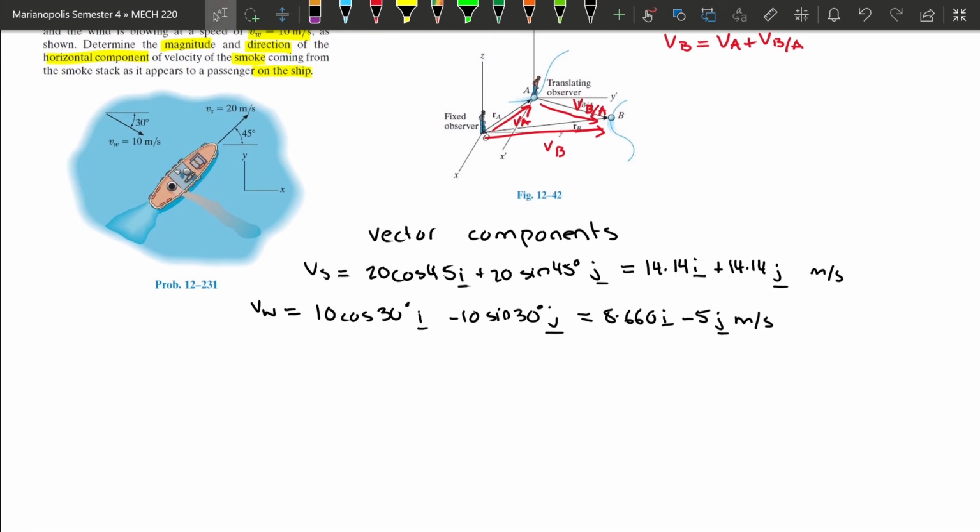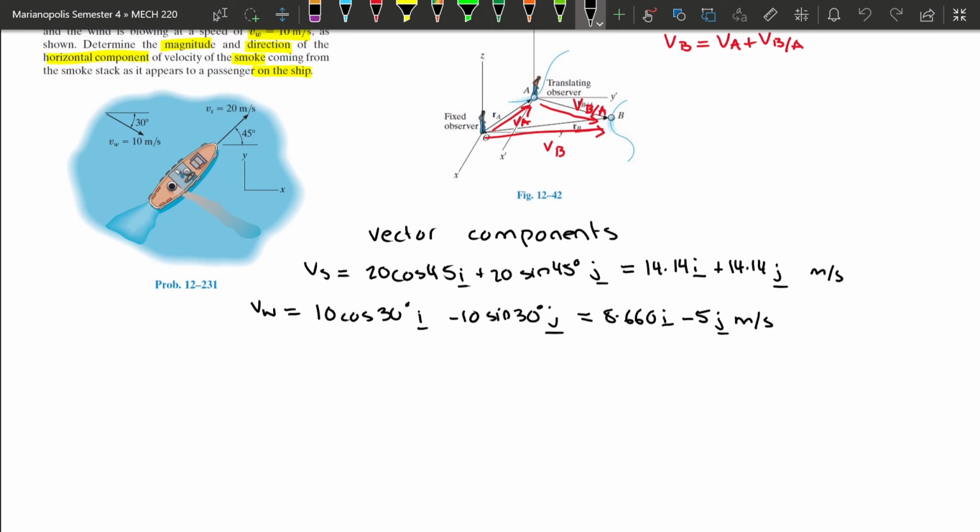Now we just want the velocity of the smoke coming from the smokestack as it appears to a passenger on the ship. This is probably the trickiest part of the problem, figuring out what that is. The velocity of the smoke is analogous to our VB with respect to A. Vs is a translating observer, and Vw is also a translating point.